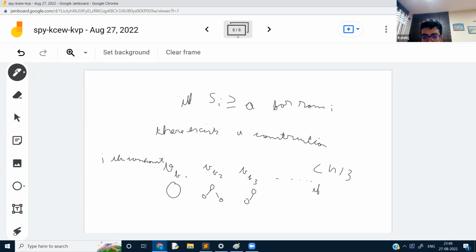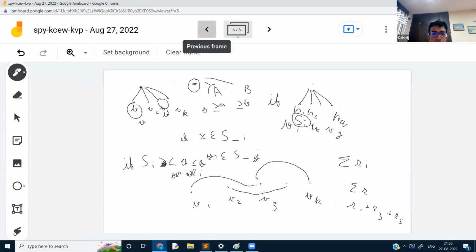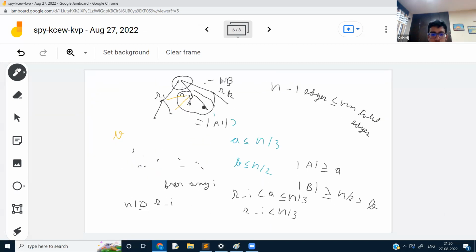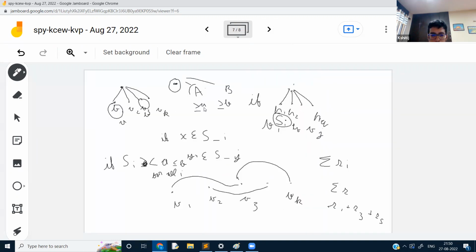But I will elaborate on this. If there was a subtree before which is at least n by 3, then it will always also be at least A, and we are done by the previous method we found over here.